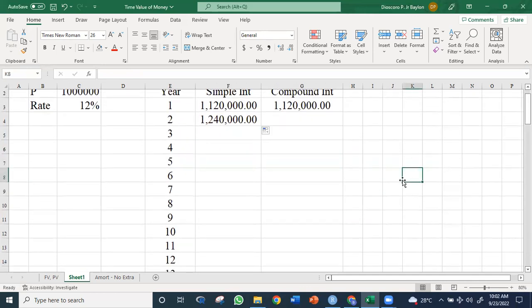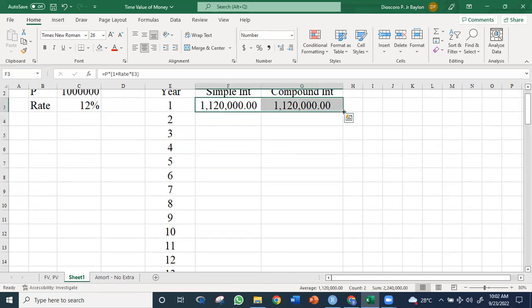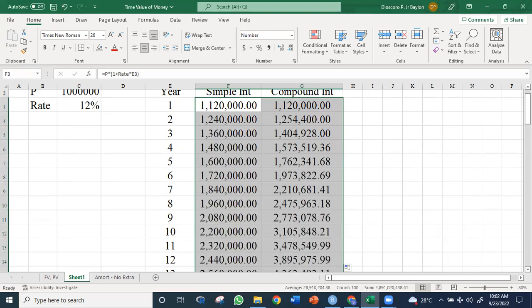So up to 50 years. And then I'll just highlight both so that it will copy down the formula, and then just double click this. Okay, wait, let me remove this first. There.